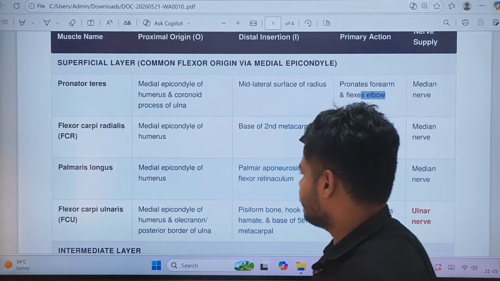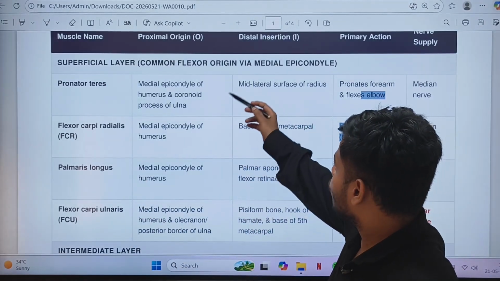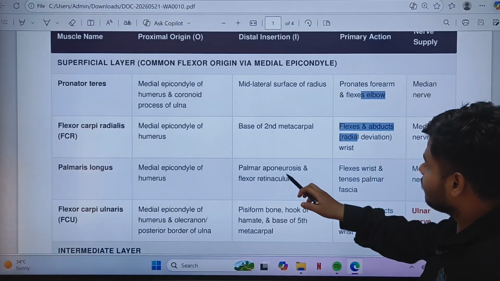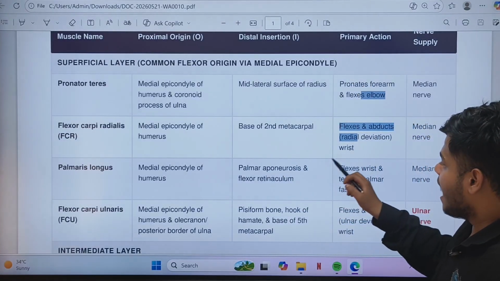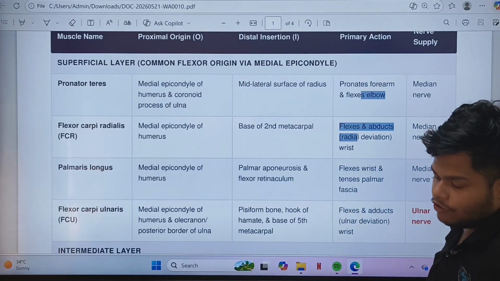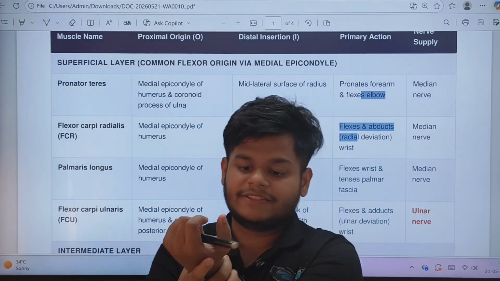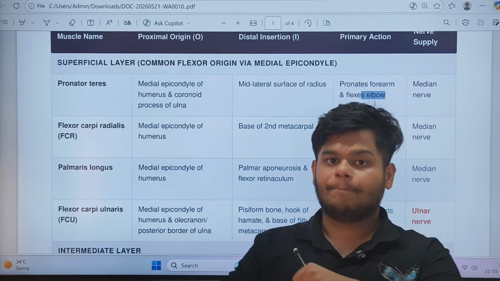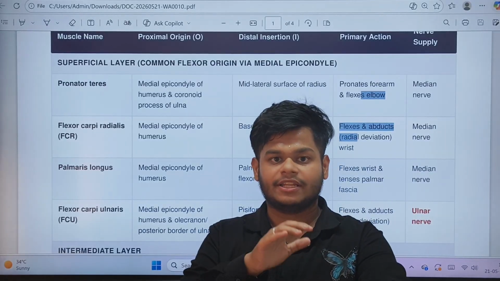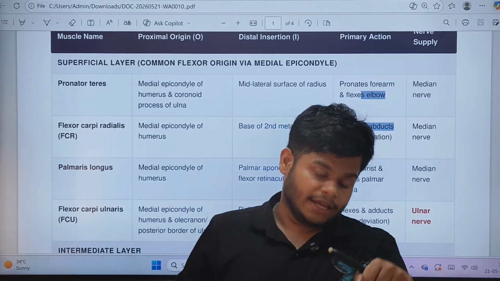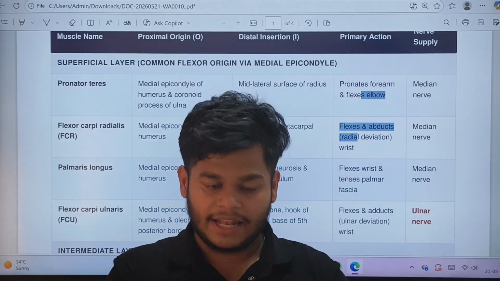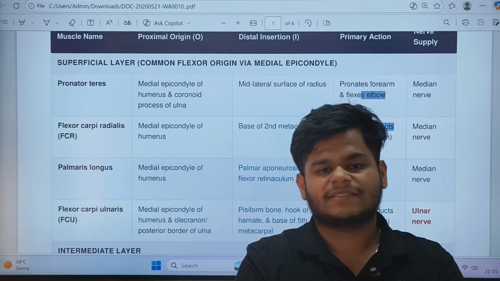Palmaris longus. It also originates proximally from the medial epicondyle of the humerus. Distal insertion is on the palmar aponeurosis and flexor retinaculum. Retinaculum is a band, like a watch we wear on our wrist.